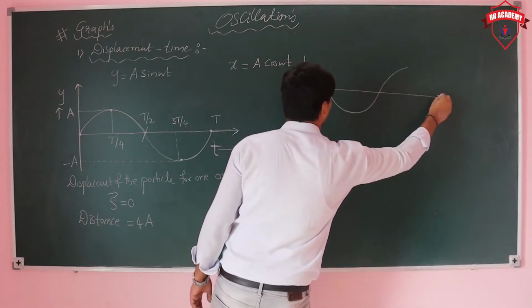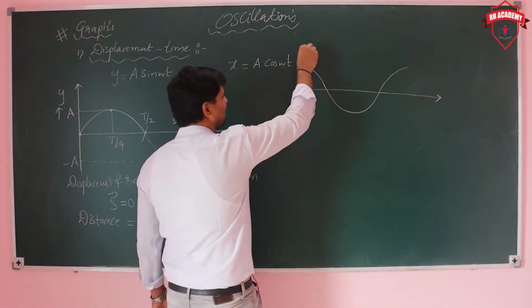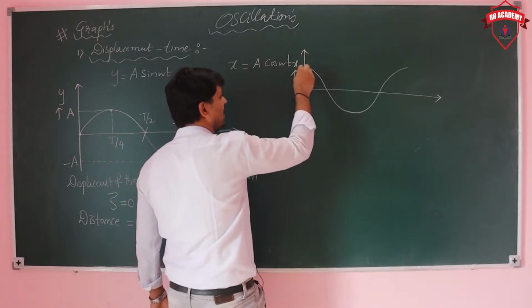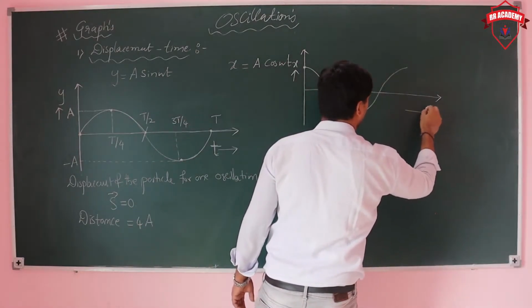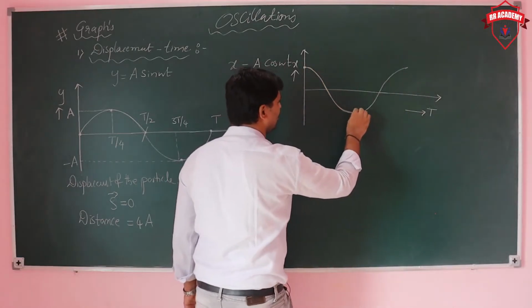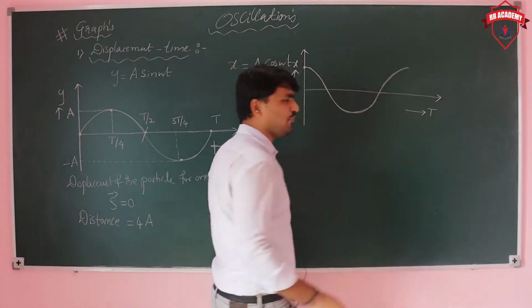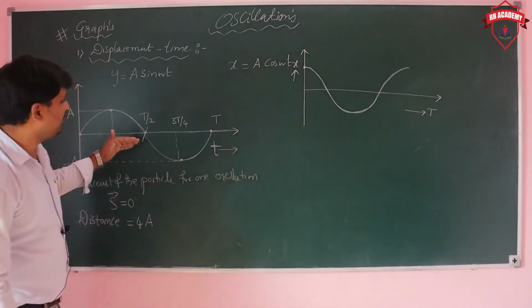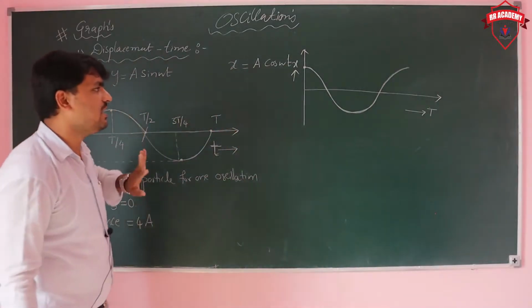So similar, whatever you are considering, there is nothing different, x or y graph, whatever you take, it is the same. But you can observe how you get it if you are taking sine and how you get it if you are taking cos. If you are taking sine, you will get like this. If you are taking cos, like this.